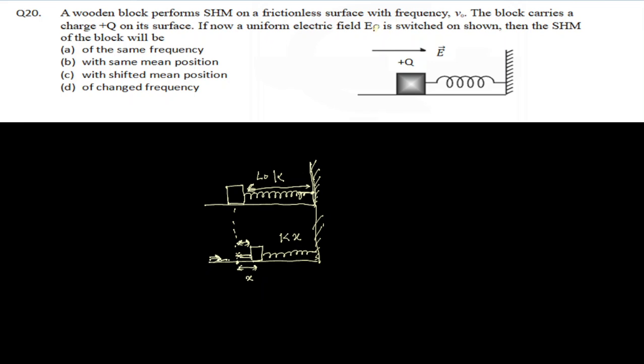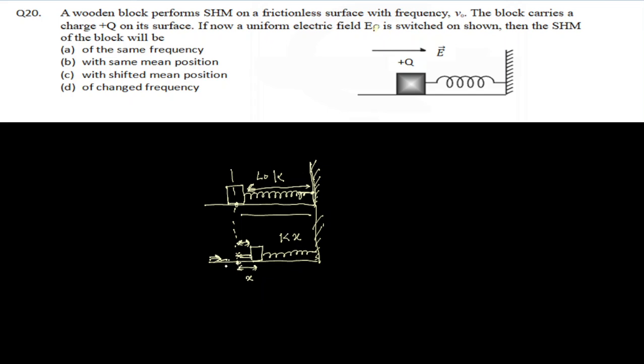Because of this force, this block will oscillate left and right about this perpendicular line at a distance L. So at a distance L, there is a mean position where the block will be at rest. But if you give a little displacement to this block, it will oscillate around this line.